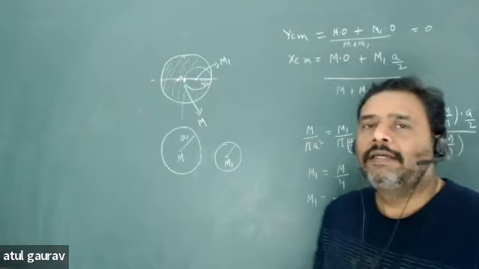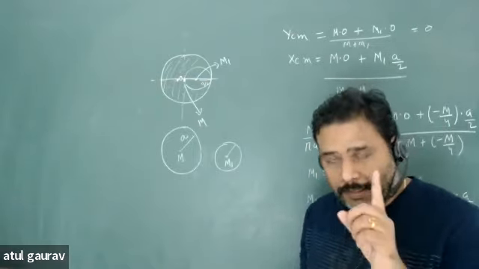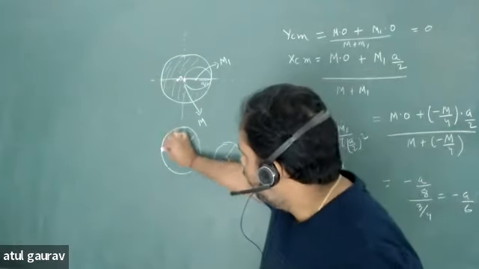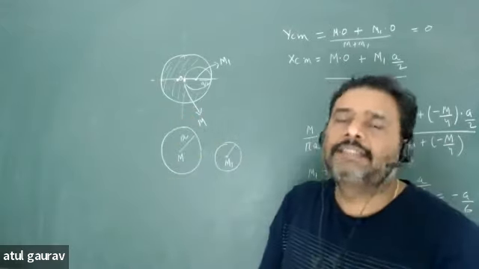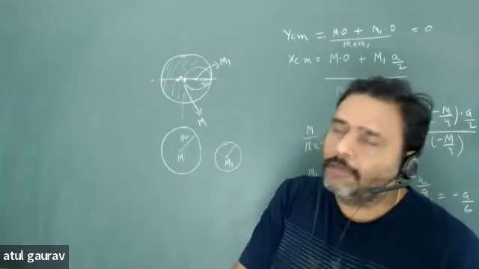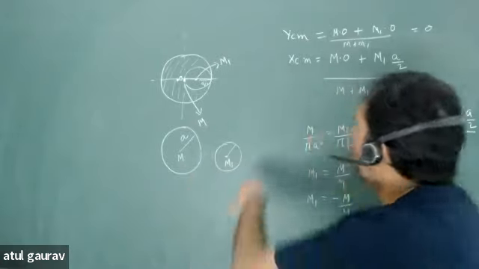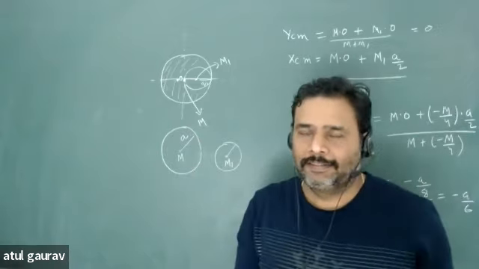And the negative sign is because we are taking out this particular mass. But listen, language is very important. The mass m is the mass of the complete disk, and out of that we are removing some portion of mass. Then only we can use this concept. Otherwise, it will be very difficult.